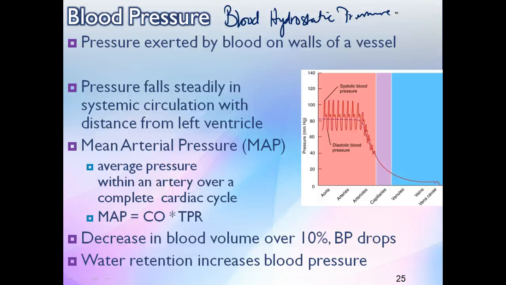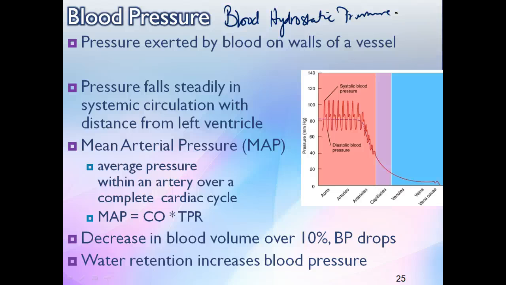This entirely originates from the contracting efforts of the ventricles of the heart. Now, the further we get away from the heart, this pressure begins to fall. And again, this is because resistance is eating away at that pressure as we get further and further from the heart.